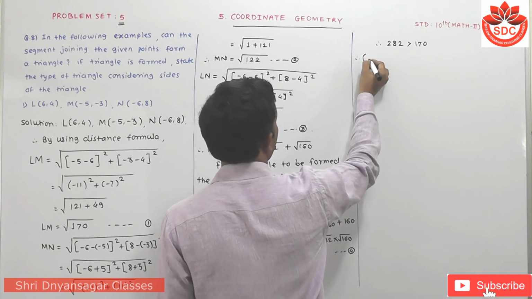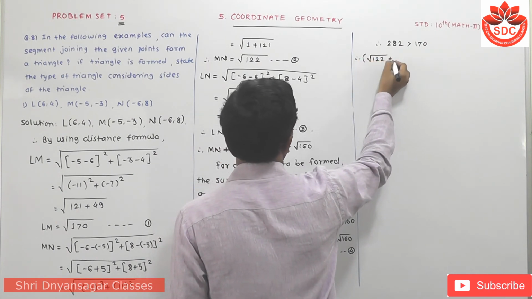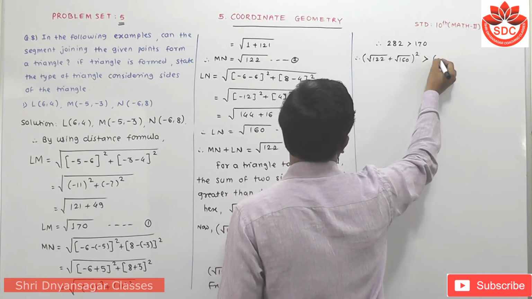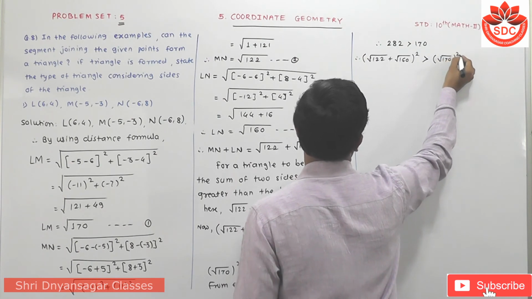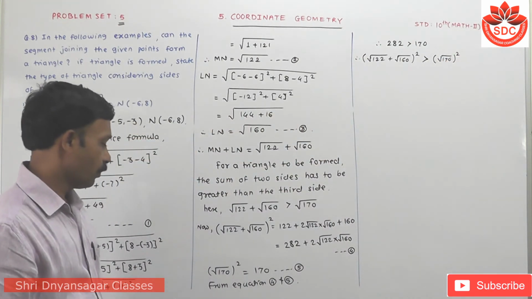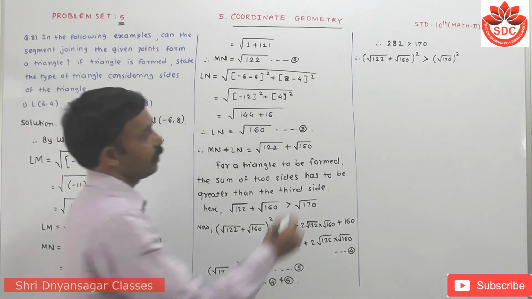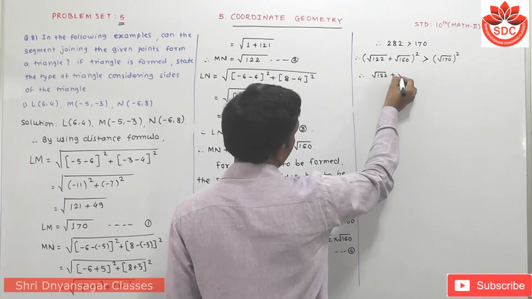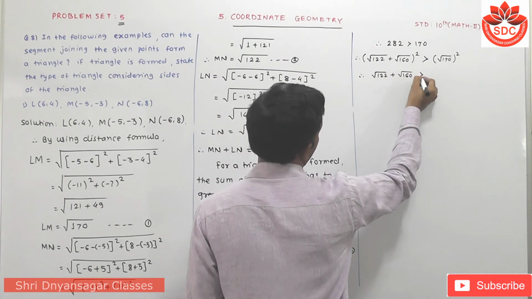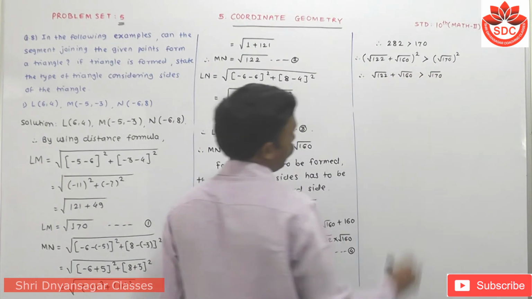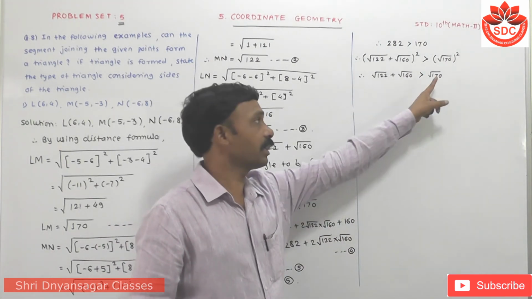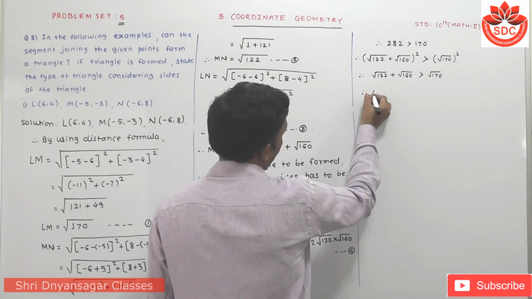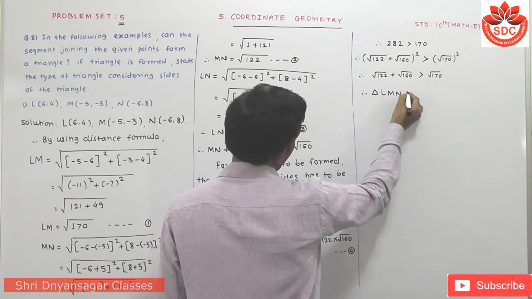Therefore, (root of 122 plus root of 160) squared is always greater than (root of 170) squared. From 4 and 5, taking the square root on both sides, root of 122 plus root of 160 is greater than root of 170. That means the sum of any two sides is greater than the third side. So a triangle is formed. Therefore triangle LMN is formed.